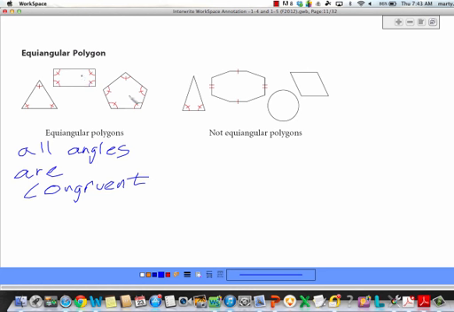Equiangular quadrilateral, equiangular pentagon. This one fails because only 2 angles are the same. This one has something about sides, doesn't have anything to do with the angles. This one has no markings, and this one is a circle, which doesn't have any angles at all. So equiangular, all the angles are the same.